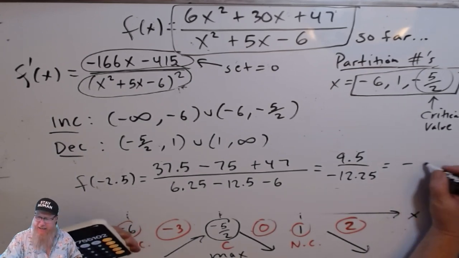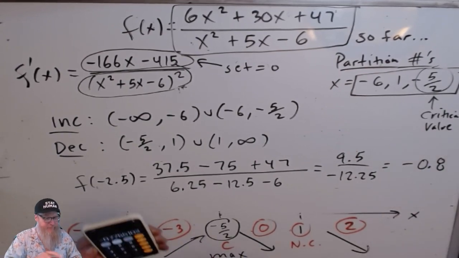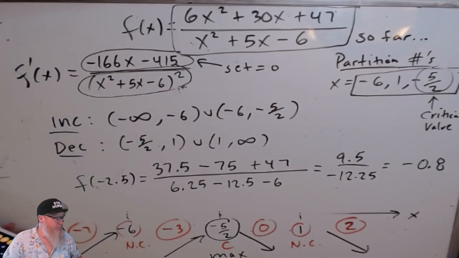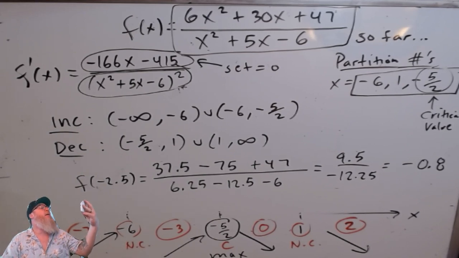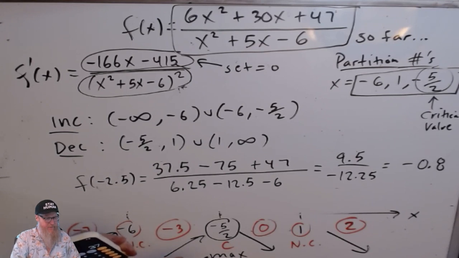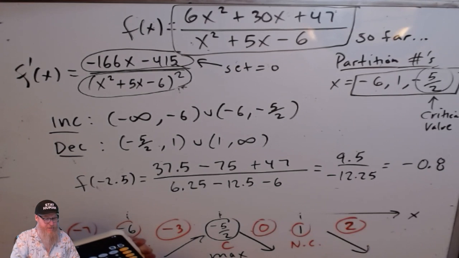Which is -0.8. Huh. That's interesting. I was hoping for a better number than that. Let me double check my math. 37.5 minus 75 plus 47. Yep, 9.5.